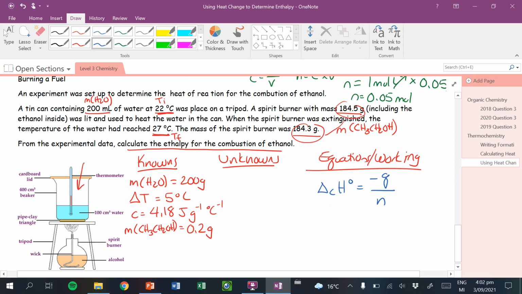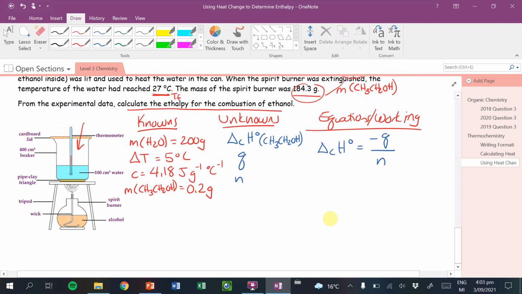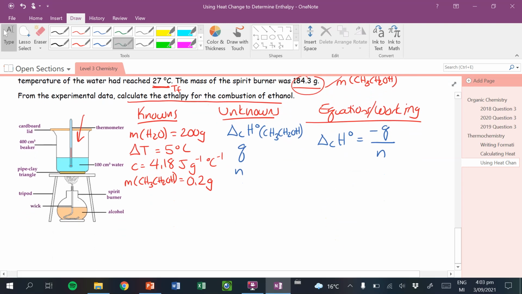So to my list of unknowns, there's 3 things. The final thing I want to know is the enthalpy of combustion for my ethanol. That's my final answer. In order to do that, I need to know the Q value. I also need to know the N value. I have the information for both. So let's start with the Q value.